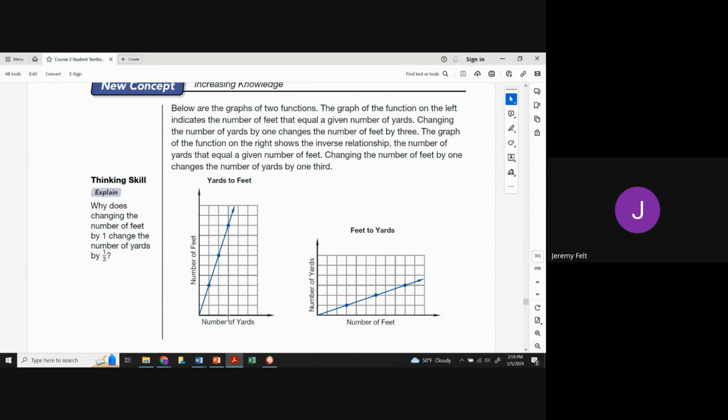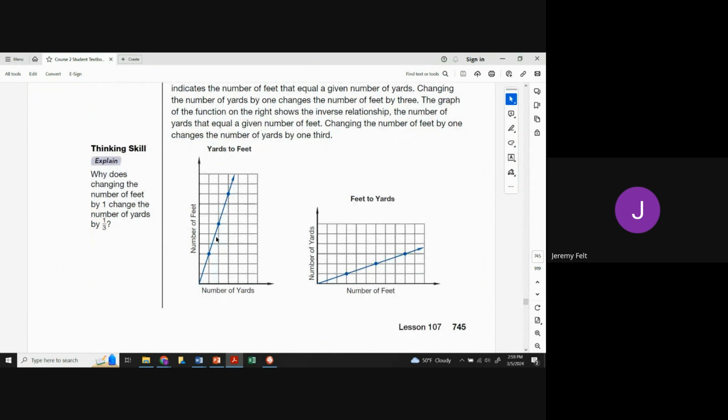So if we look at number of yards to feet, okay, 1 yard is 3 feet, or feet to yards. If we flip the x and y axes, then it's 3 feet to 1 yard. So we see, depending on what our input and output is, it could be comparing the same two things, and it's going to affect the slope. Obviously, this one is a steeper slope than this one.